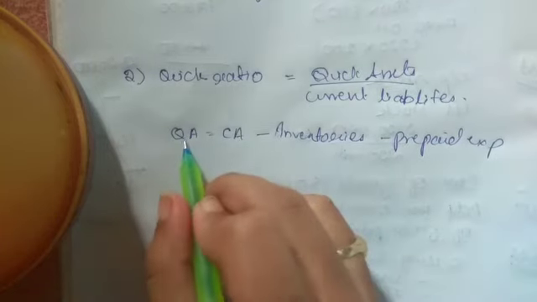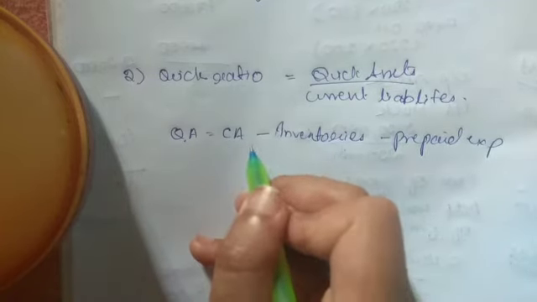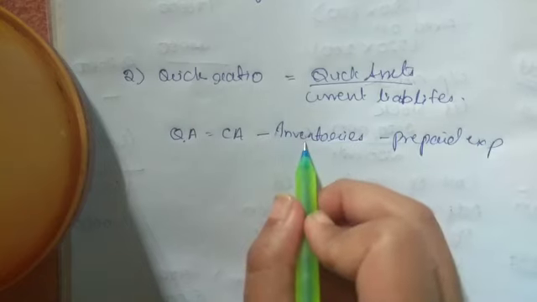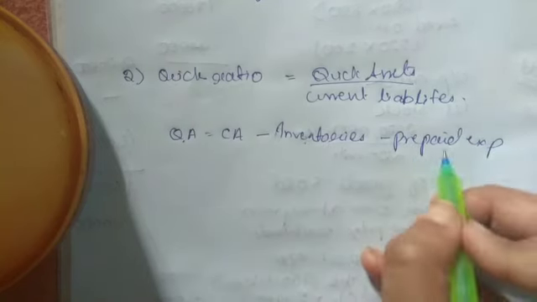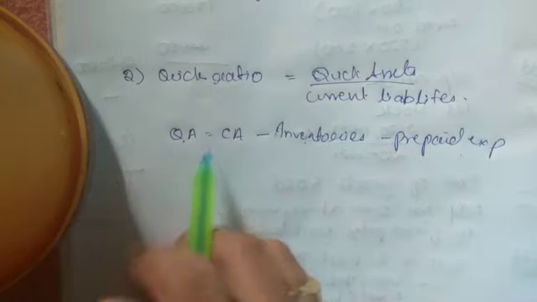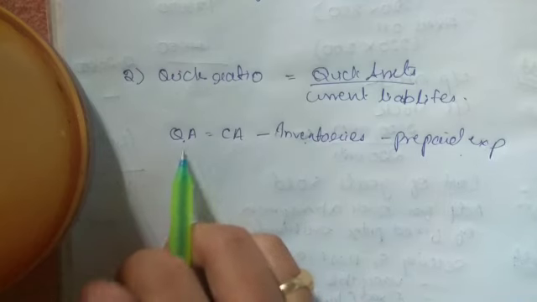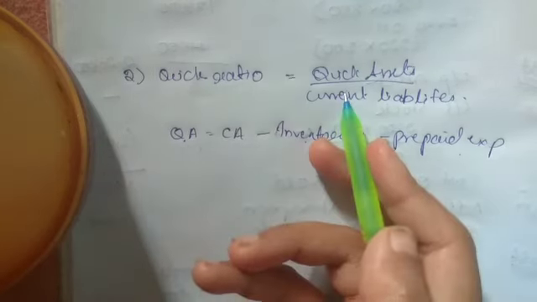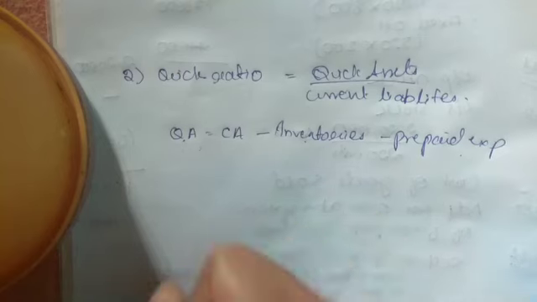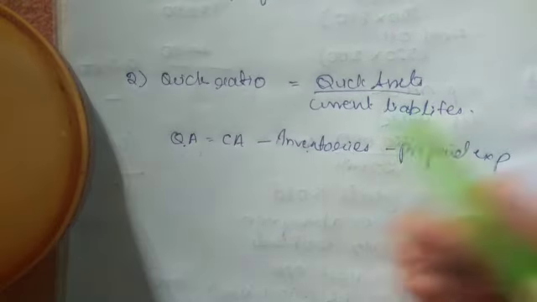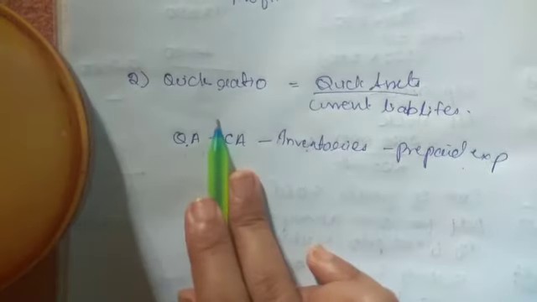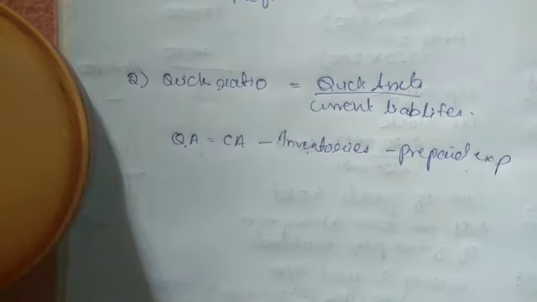Quick assets is equal to current assets without including the inventories or stock and without including the prepaid expenses. The current liabilities is the same. So basically what it indicates is how much readily available cash is quickly available with you.